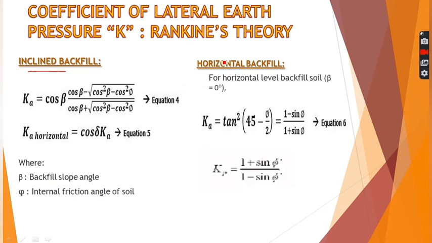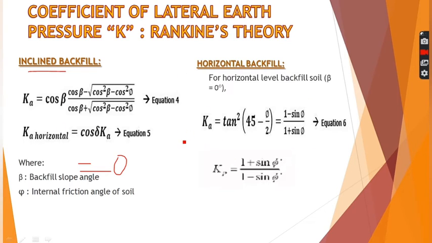If there is horizontal backfill, then beta will be 0, hence for horizontal backfill beta is 0, so Ka will come out to be 1 minus sin phi upon 1 plus sin phi, which is the same as in the case of Coulomb's wedge theory. So either you use Coulomb's or Rankine's, the formula you will get is the same.